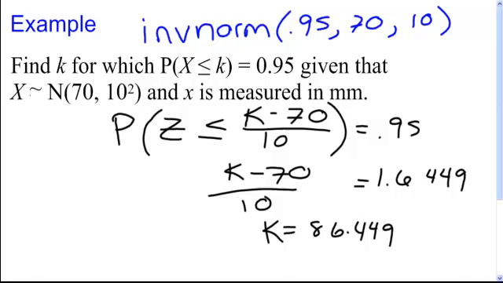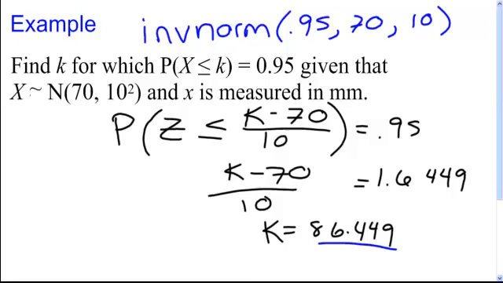So when you type that directly into your calculator, it will spit out the value at which it needs to occur, which is the 86.449. So that's the quantile that they're giving you. So you use the inverse norm if I give you a probability and you have to find the value at which that probability occurs and below. So hopefully that kind of makes some sense.